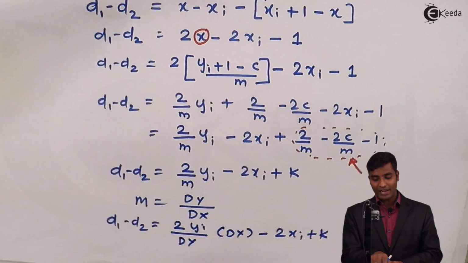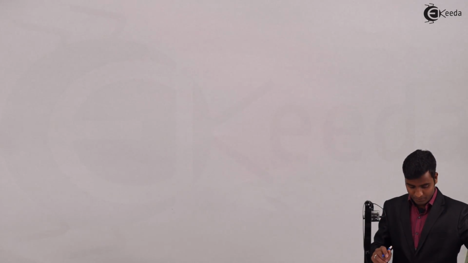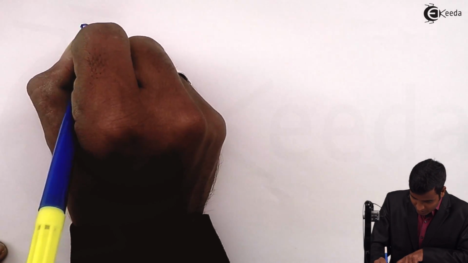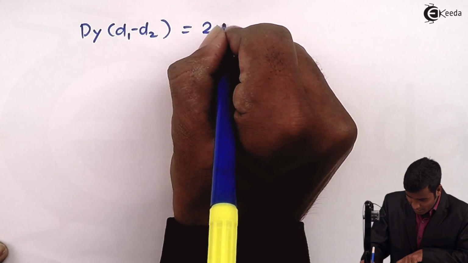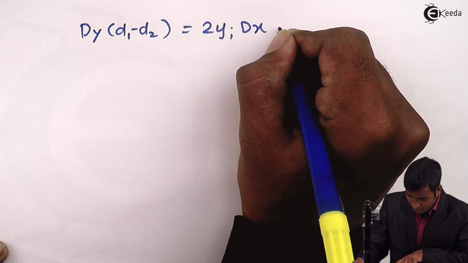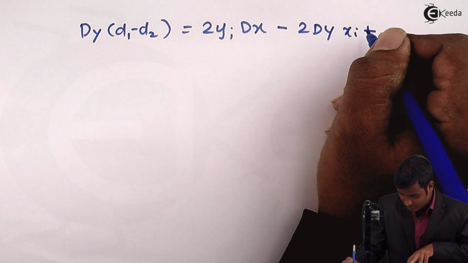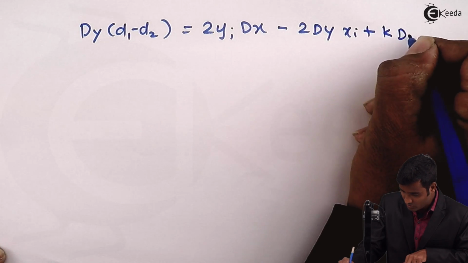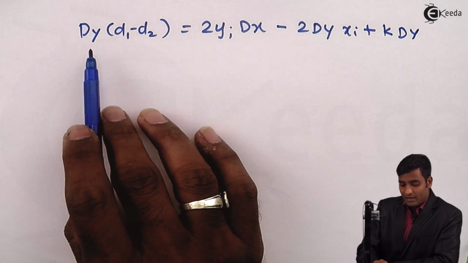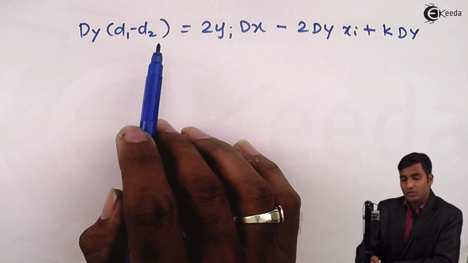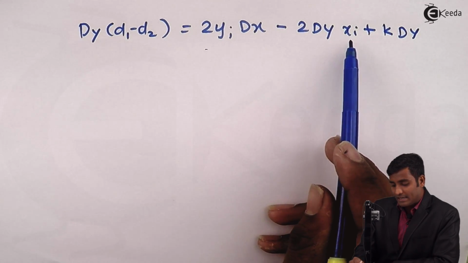After evaluating this whole term, I get dy into D1 minus D2 equal to 2yi dx minus 2 dy xi plus k dx.